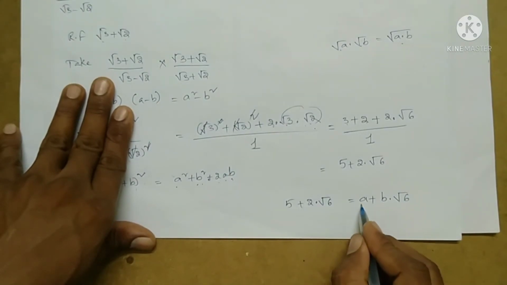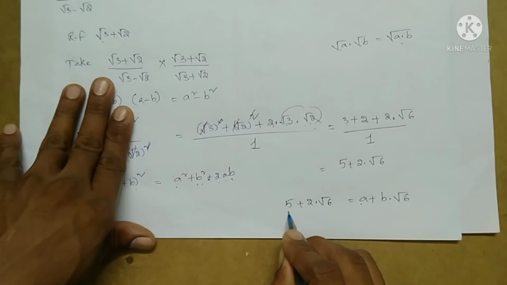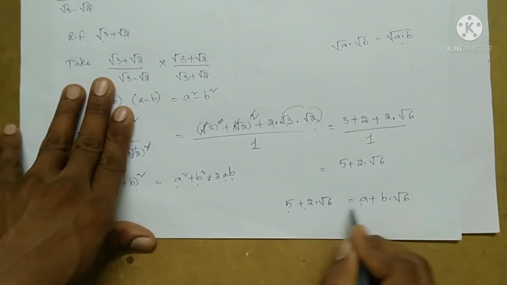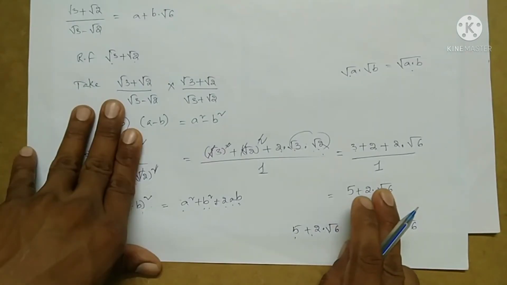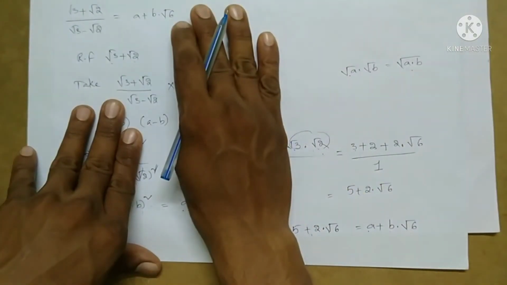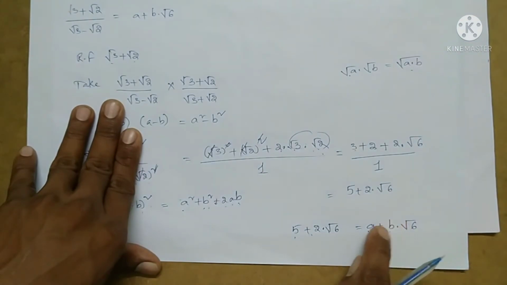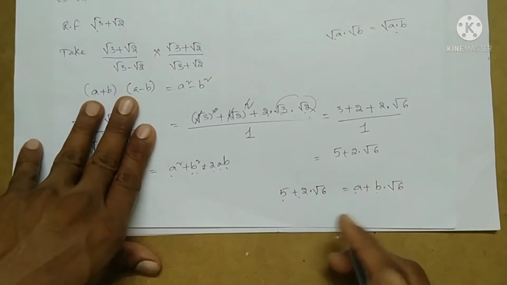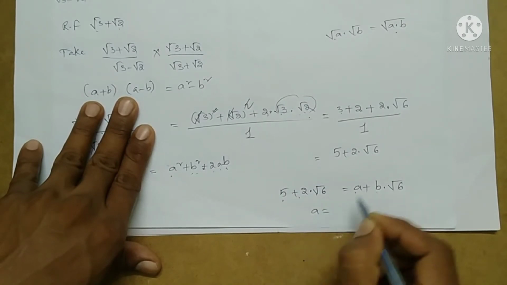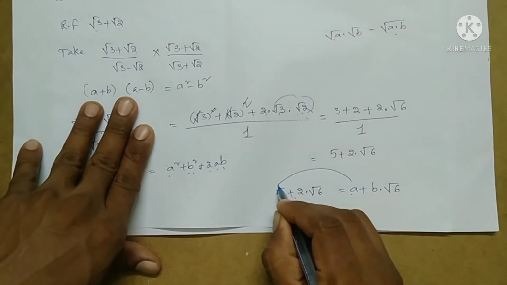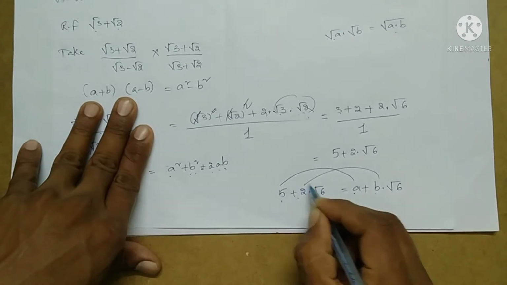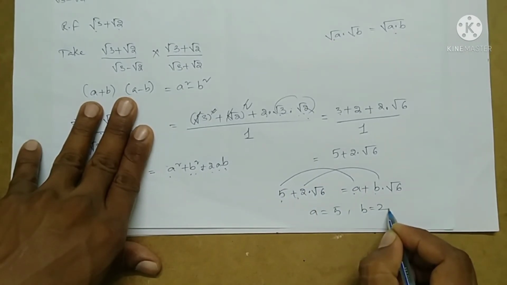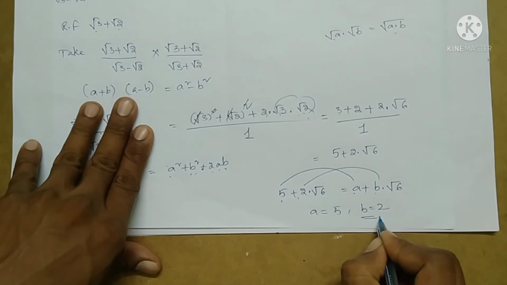So here a is equal to 5, b is equal to 2, root 6 and root 6 is common. So here a is equal to 5, b is equal to 2. These are the final results of a and b. Okay, this is the final result.